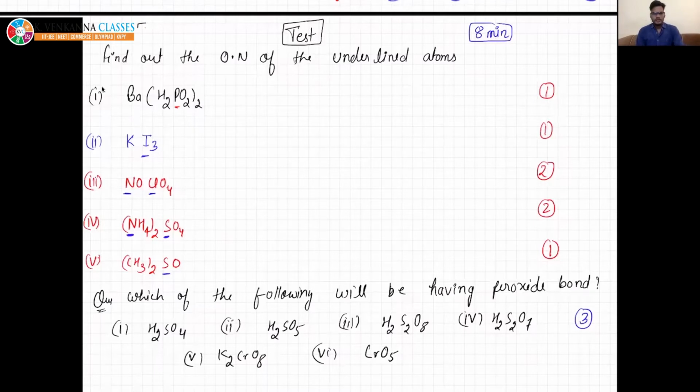So those who have joined late, you need to solve this, and I will give you the answer, then you can self-correct it.